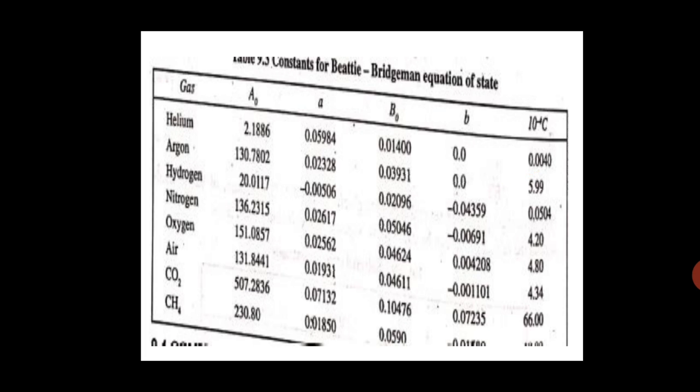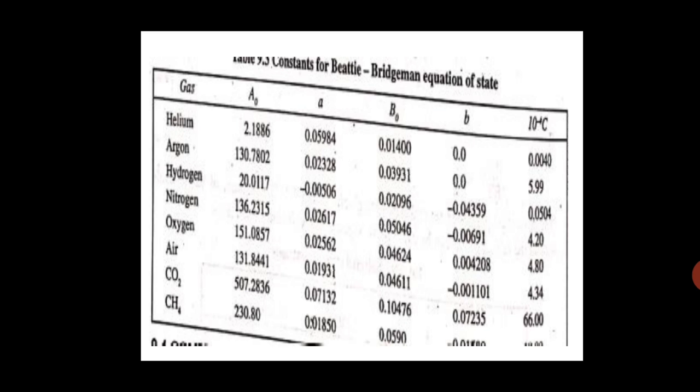Let us see the constants now. Taking helium gas, capital A naught is 2.1886, small a is 0.05984, B naught is 0.01400, small b is 0, and small c is 0.0040. So using these five constants, small a, b, c, A naught and B naught, for each gas, the table gives all the constant values for all the gases.